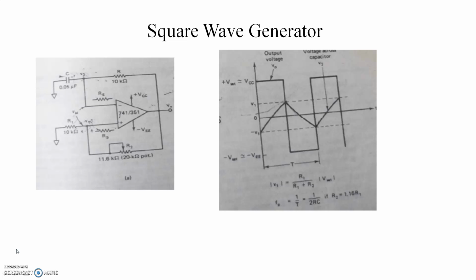Now we can see how it works. First of all, assume that the voltage across the capacitor is 0 volts at the instant the DC supply voltages plus Vcc and minus Vee are applied.